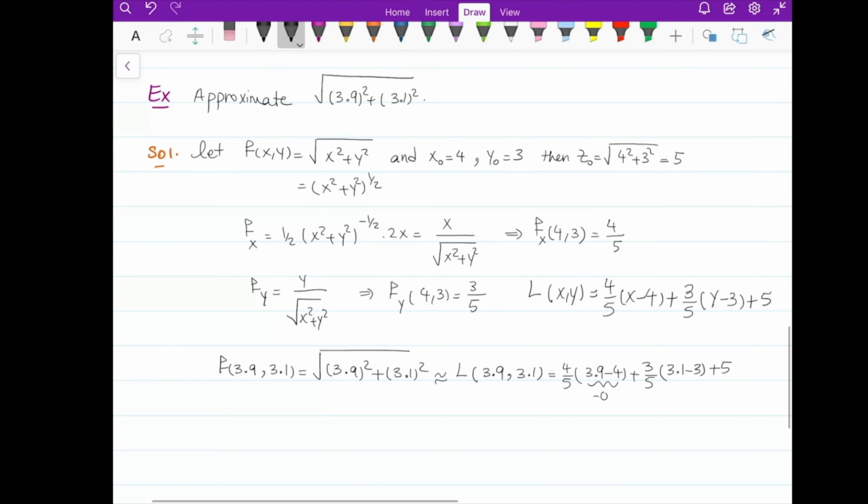This is negative 0.1, this is 0.1, so together I get negative 0.4 over 5 plus 0.3 over 5 plus 5, actually 25 over 5 now, because I use the common denominator. Do the math, you get 4.98. So I can say that this is approximately 4.98.